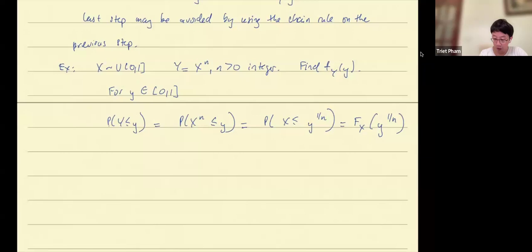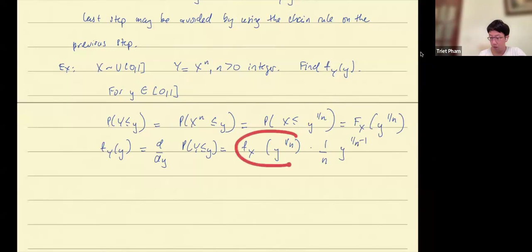If you use the chain rule, then f sub Y of y is d over dy of the probability that X is less than or equal to y to the 1 over n. So you differentiate this, which is the PDF, times the derivative of the inside, which is 1 over n y to the 1 over n minus 1. Well, the PDF of the uniform is 1, so that doesn't show.